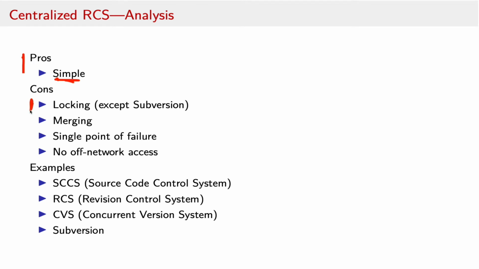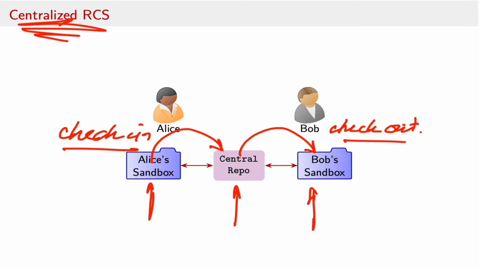The first of these is the question of locking. Now, in some of the early revision control systems, the goal was to prevent any possibility of one developer's changes overriding those of another developer. As long as everybody is just checking things out of the repository, if the flow of information is always from the repository to somebody's sandbox, there's no possibility for overwriting changes in the repository.